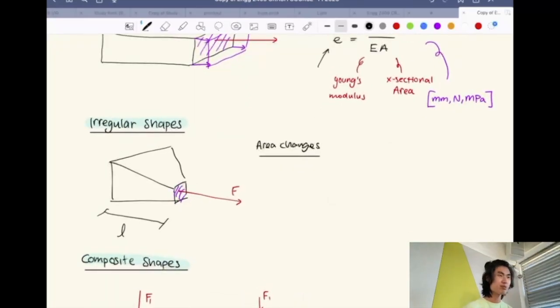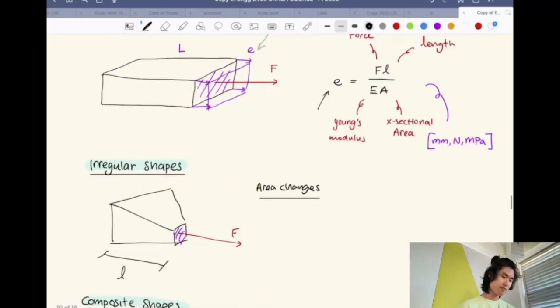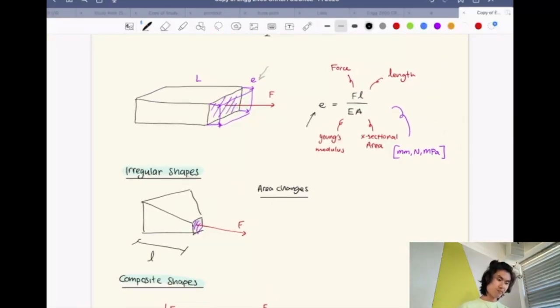That means what else changes if the area changes? You can think about further back as well. Centroid? No. The lowercase e. So yeah, that's the result. You can think about further back to inertia, stress, strain.